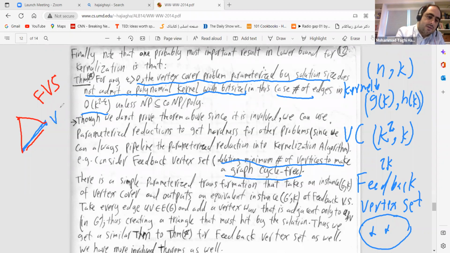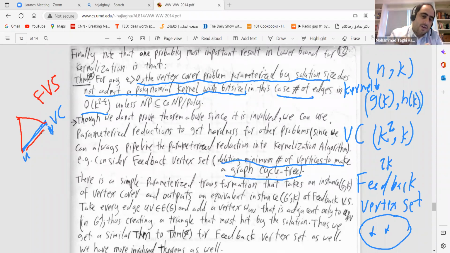And this is vertex cover. So in the vertex cover, there is an edge between U and V. In the feedback vertex set, I will keep that edge. Also, I will add one vertex for this edge and connect it to both of them. Now, in the vertex cover, in your solution, either U or V should be selected.